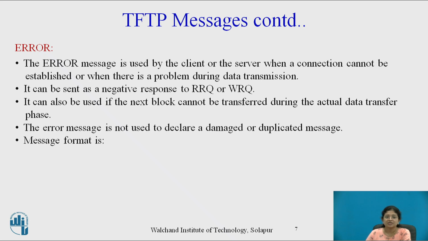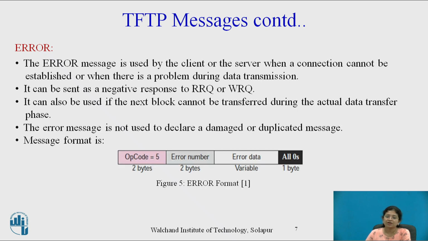The error message is not used to declare damaged or duplicated messages. What it means is, whenever any client sends the read request to the server, there are two conditions. The first condition, it accepts the message, and the other condition, there is an error. So the error message is sent by the server.